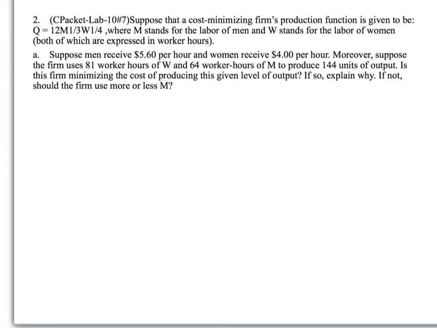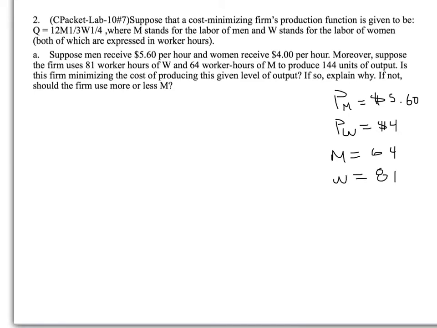First, let's write down what we know from this question, which is that the price, the wage that men get, I'm going to call that PM, is $5.60, and the wage women get is $4. We also know that the firm is currently using 64 men and 81 women.